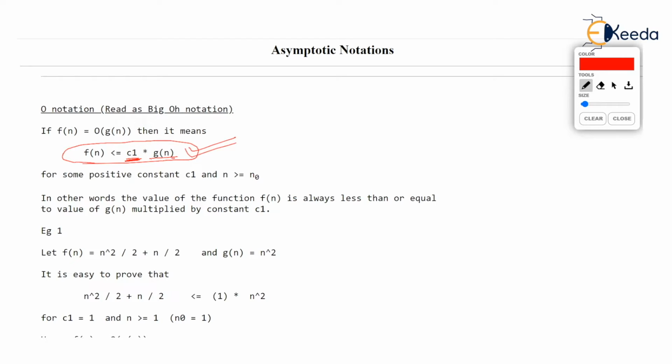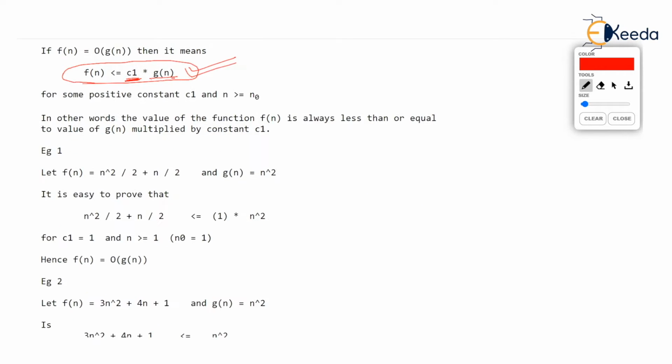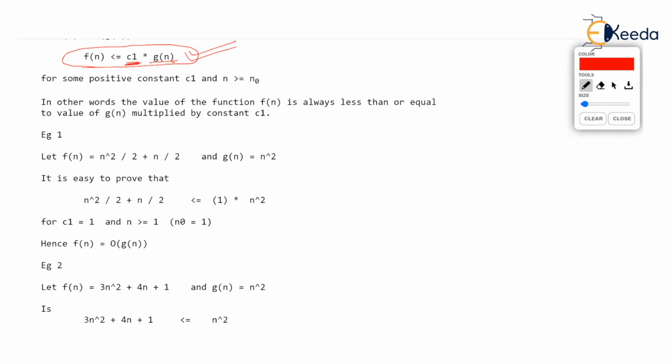Let's see some examples. Suppose I have a function f(n) like this, which is n square by 2 plus n by 2, and another function g(n), which is n square. Now this is f(n), correct? And another function is n square.